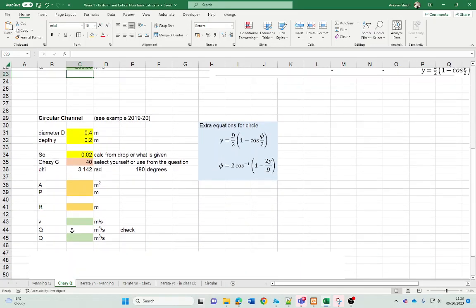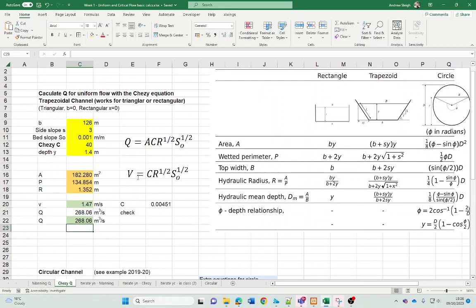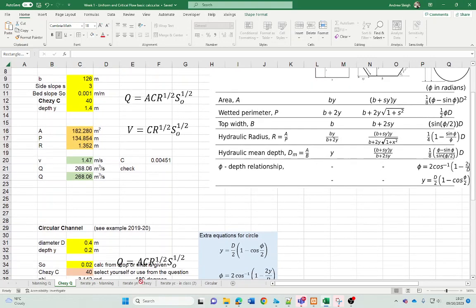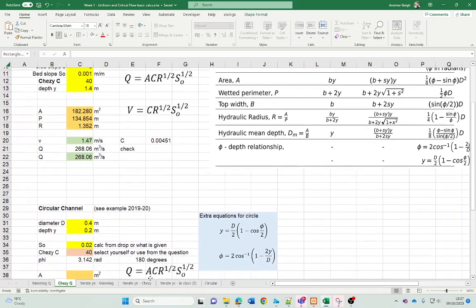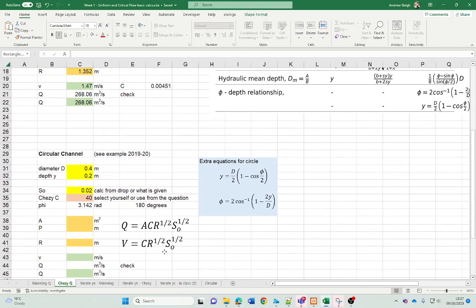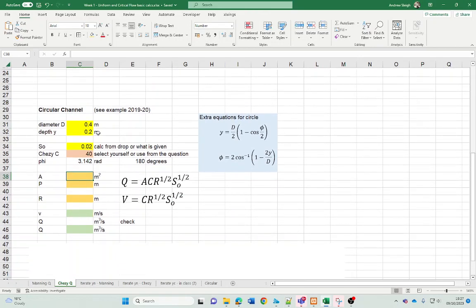We're going to do the same calculation again using the Chezy equation for the circular channel. I'm just going to copy the formulas down here so they're nice and convenient.